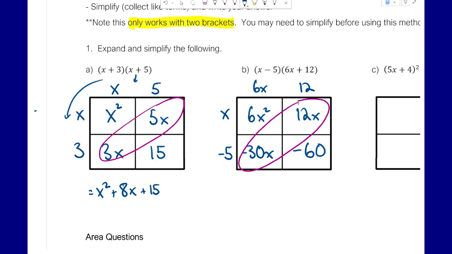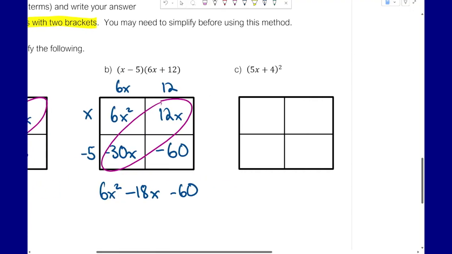So I write out my 2 other terms. So 6x squared and have minus 60 at the end. And the middle term is going to be negative 30x plus 12x, which would be negative 18x. So I get 6x squared minus 18x minus 60.